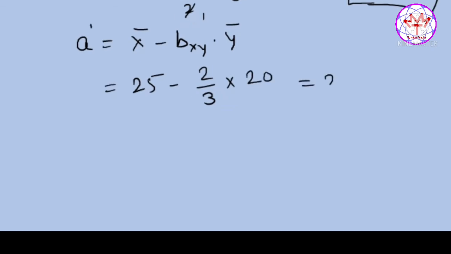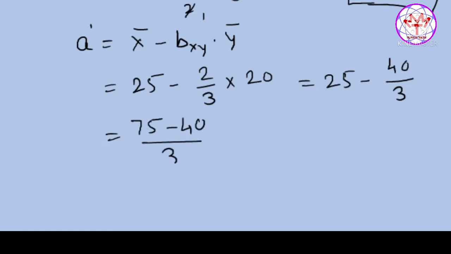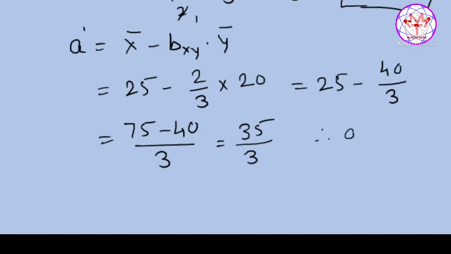So we get 25 minus 40 upon 3, that is 75 minus 40 upon 3. So that is 35 upon 3. So let's write a dash is equal to 35 upon 3.